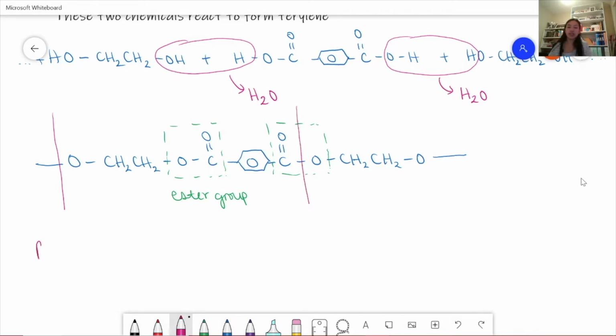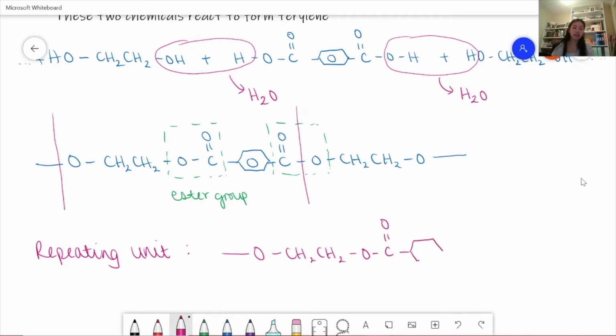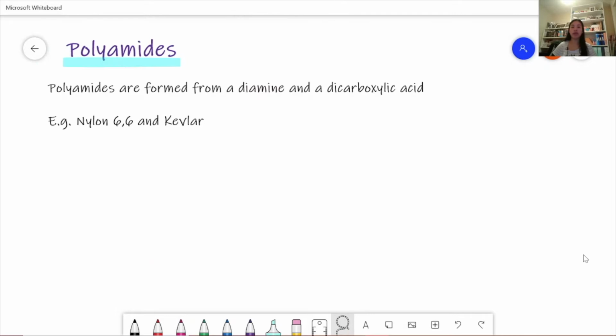And so the repeating unit for this polyester is OCH2CH2O, C double bond O, and then a benzene, another carbon, and then a double bond O. And so this is our repeating unit for terylene.